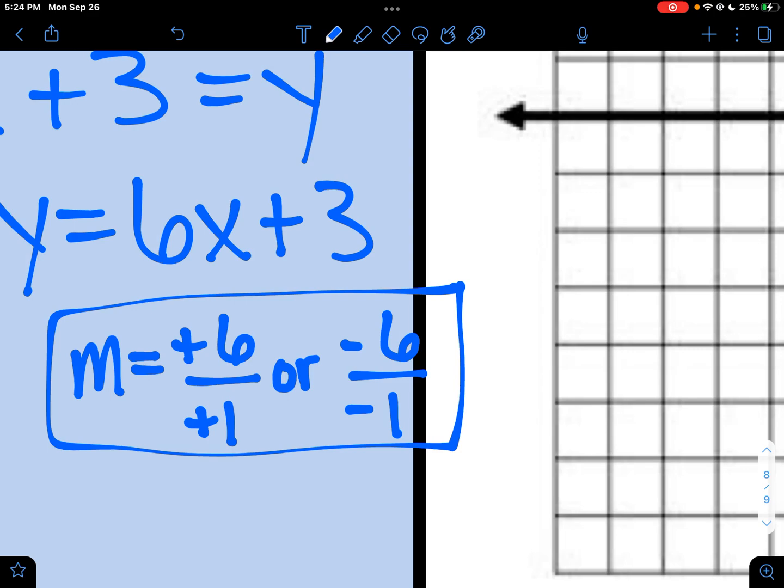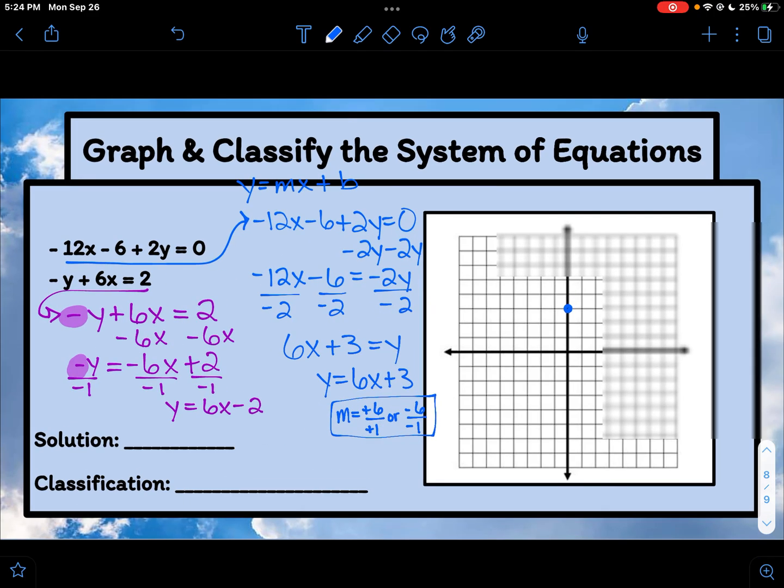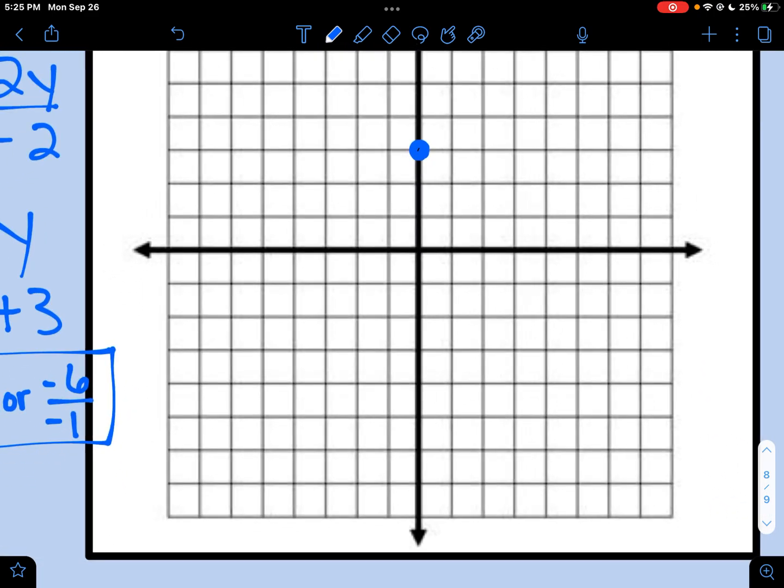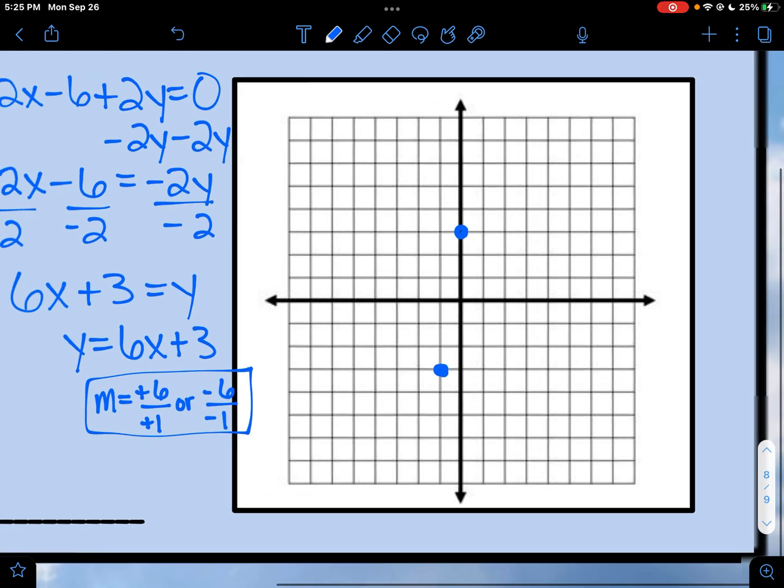That's important to remember. So I'm going to turn around and go the other way, down 6 over 1 in the negative direction, and draw my line.